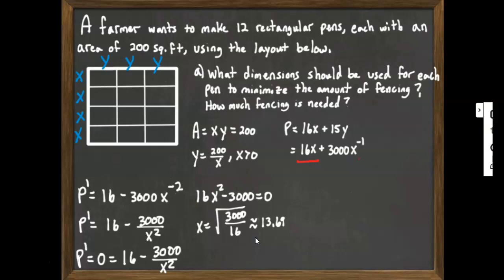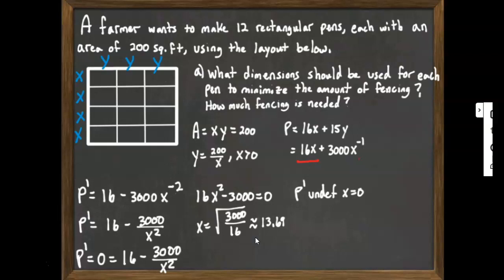And then we also need to ask a question, when is P prime undefined? P prime is undefined at x equals 0, but we already know based on our constraints that that actually isn't really going to matter, because we're dealing only with x being greater than 0. So the only value of interest here is this 13.69.